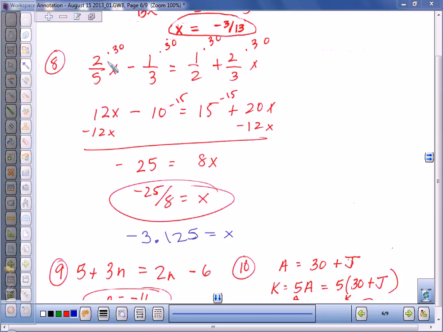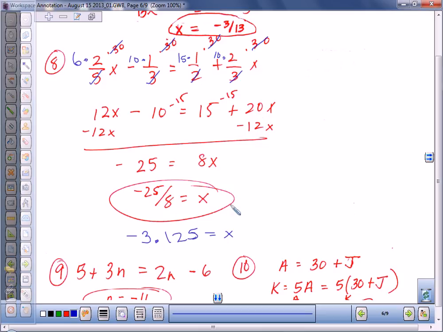So if I multiplied every single term by 30, so that it remained a balanced equation, then I could eliminate, because 5 goes into 30 6 times. 3 goes into 30 10 times. 2 goes into 30 15 times. 3 goes into 30 10 times. So 2 gives me the 12x. And then 10 times 1 is the 10. 15 times 1 is 15. 10 times 2 is 20. Does that make sense?